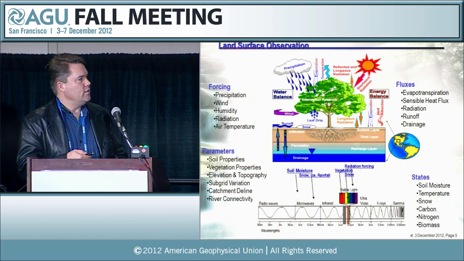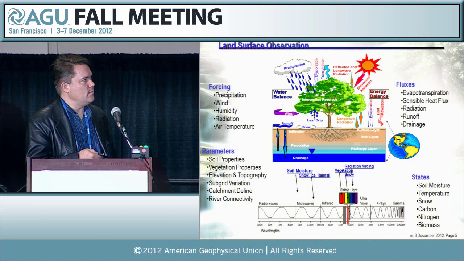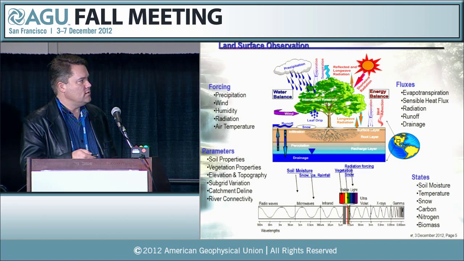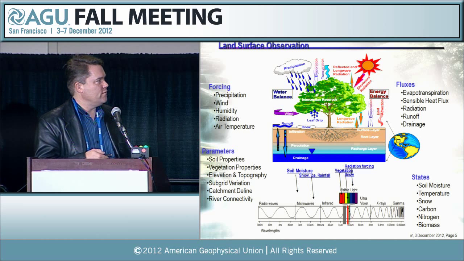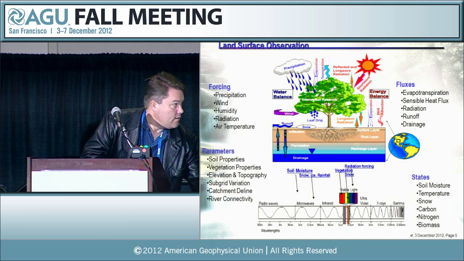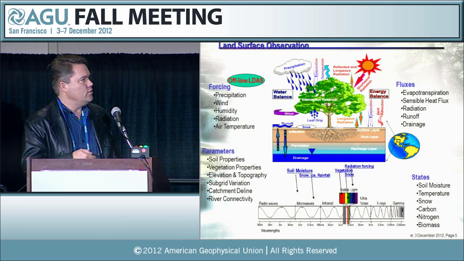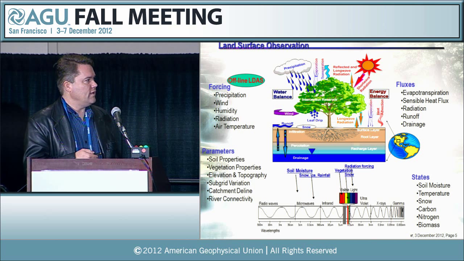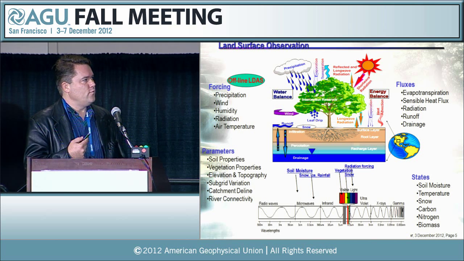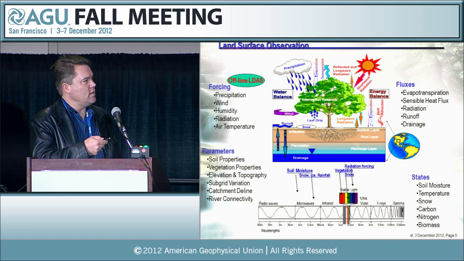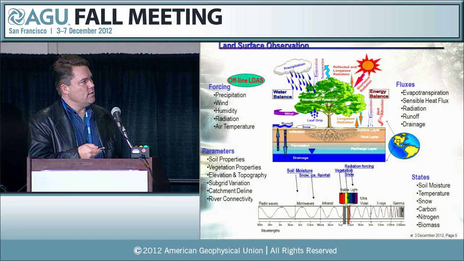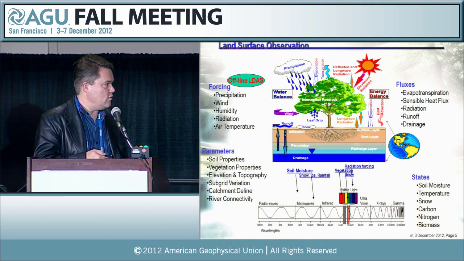In terms of observations, these are the kinds of things we observe in the land system. We observe, of course, the forcing, which is primarily used for offline land data assimilation systems. If we're uncoupled, we can use forcing observations to independently drive this without having it be in an Earth system model.